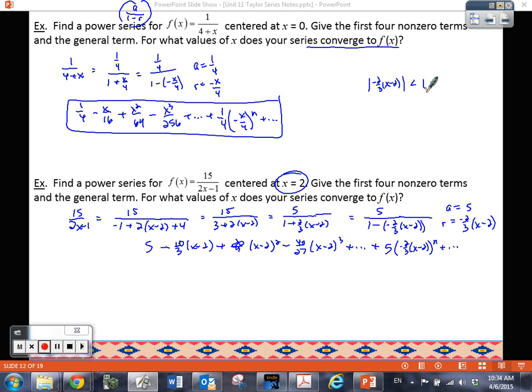So the absolute value took care of the negative. I don't have that anymore. So it's 2/3 x minus 2 less than 1. It's between negative 1 and 1. Multiply by 3/2. Then I add 2 to both sides.